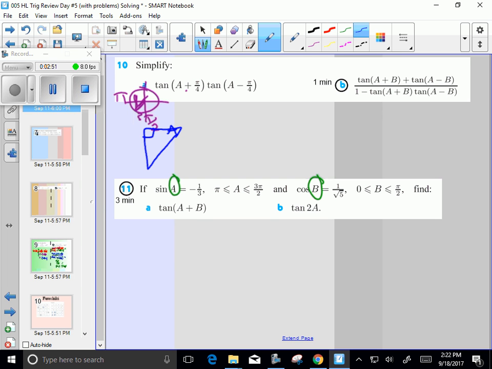The sine is opposite over hypotenuse. The hypotenuse is never negative, but in quadrant 3, could the opposite be negative? The y? Oh, yeah. And then 9 minus 1 is 8. Square root of 8. Is that positive or negative in quadrant 3? Negative. Yep.